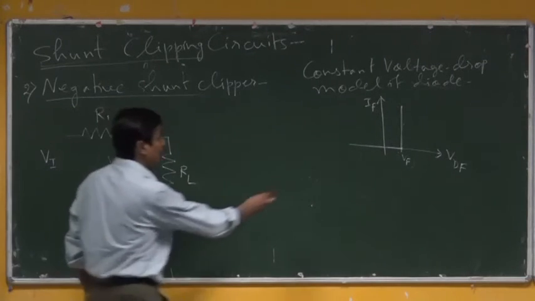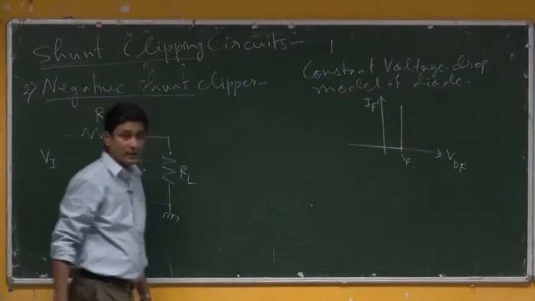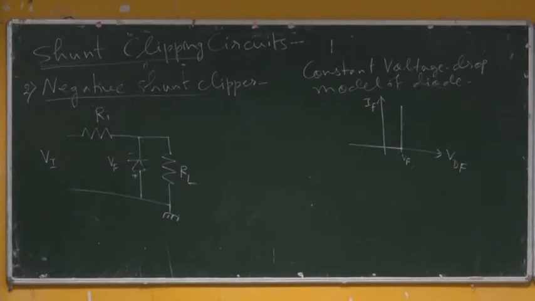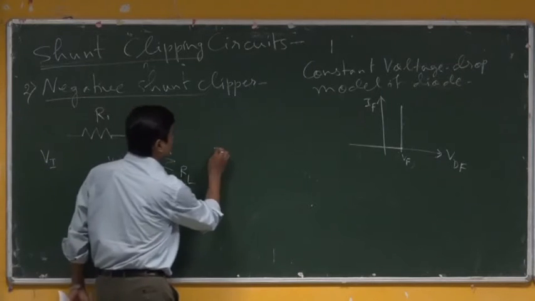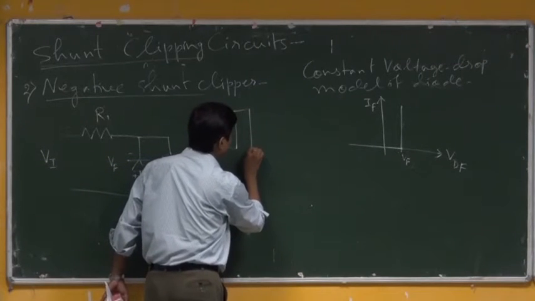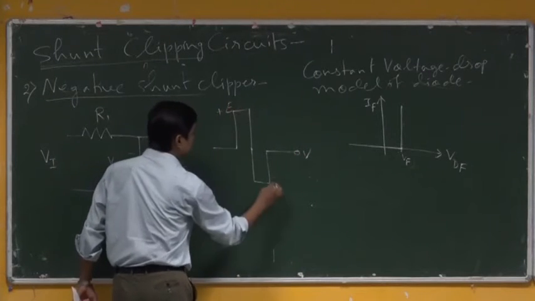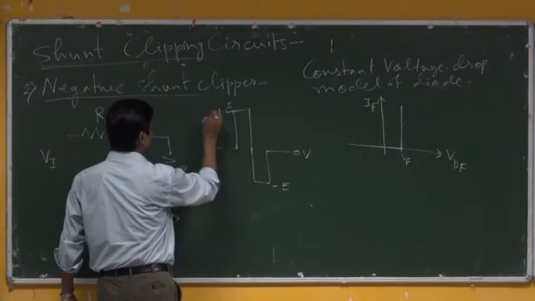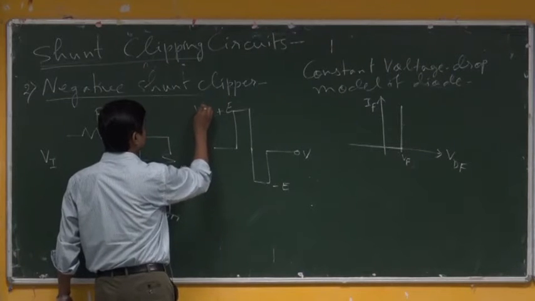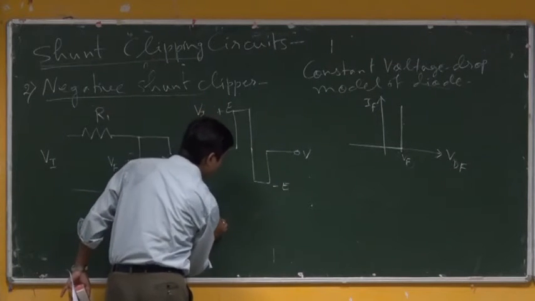Same consideration of this diode model, if I consider and try to find the output wave shape for the particular wave shape we considered earlier. Please draw the output wave shape.